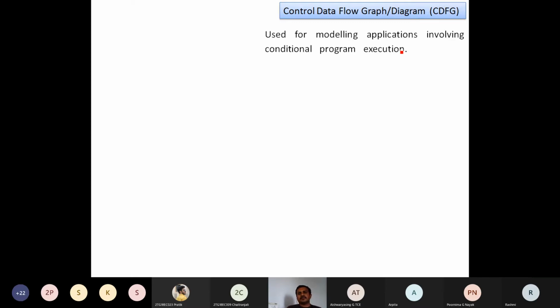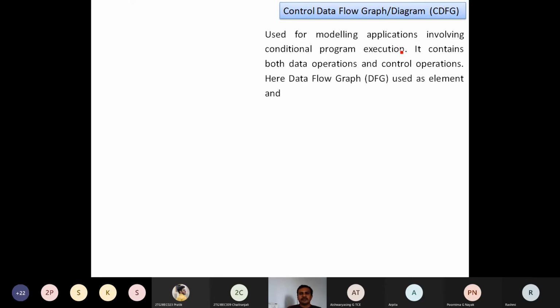These are used for modeling applications involving conditional program executions where we need a condition. So it contains both data operations and control operations. The data operation is the data processing elements, that is circles, and the arrow marks for data flow.